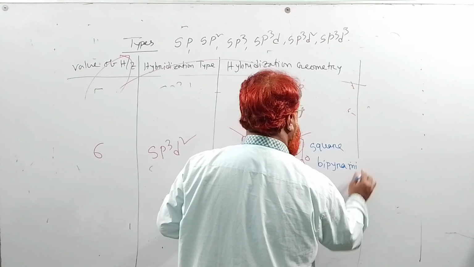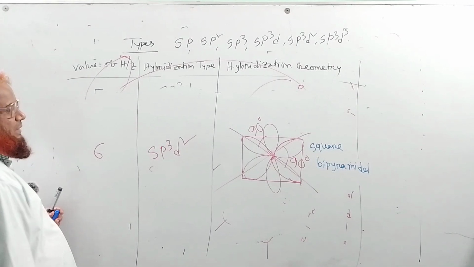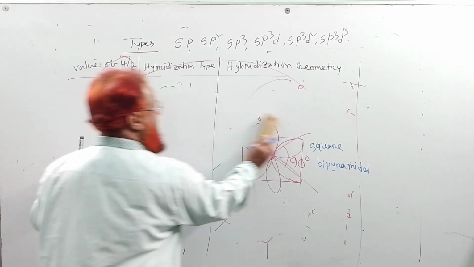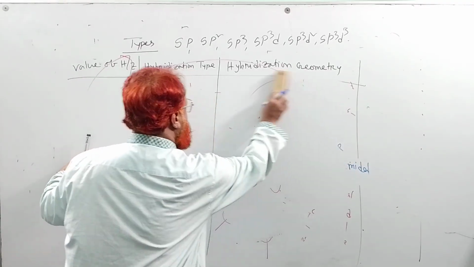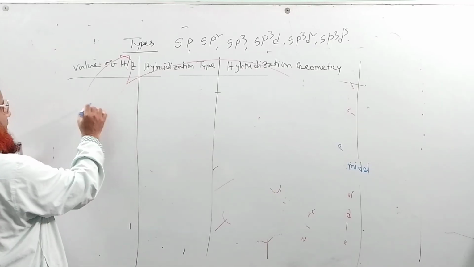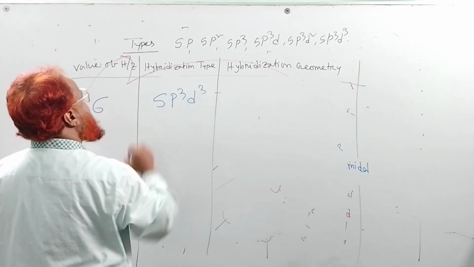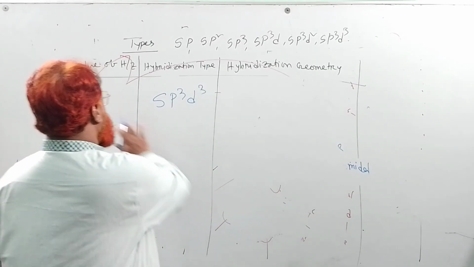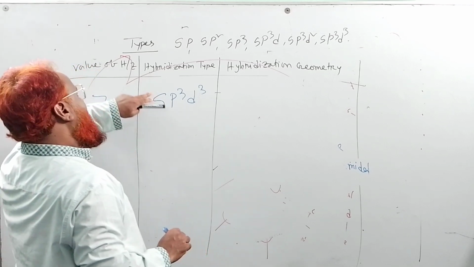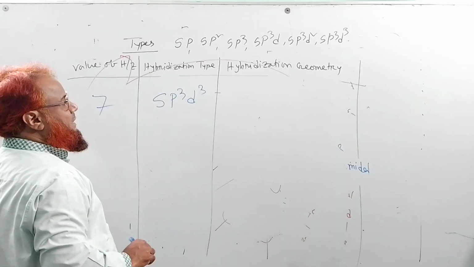Okay. Now, the last one is sp3d3. Dear students, sp3d3. So here the number of hybrid orbitals will be 7, because 3, 3 and 1, that is 6 and 1, 7.